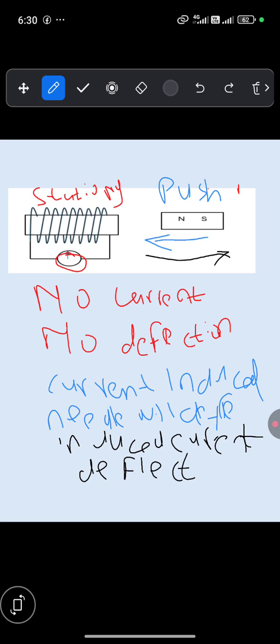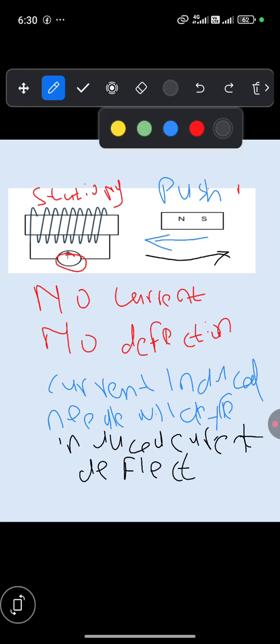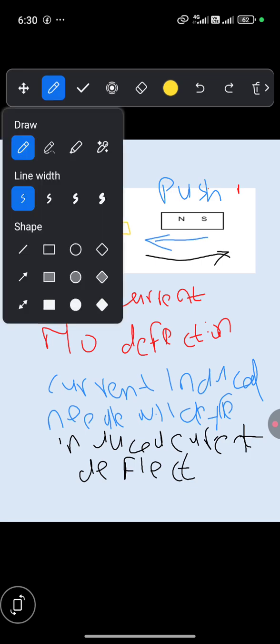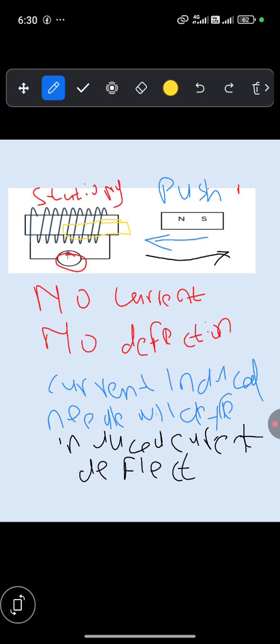But if you put the bar magnet inside the solenoid such that it is held stationary inside, the solenoid is not moving and the magnet is not moving, then there will be no current induced.